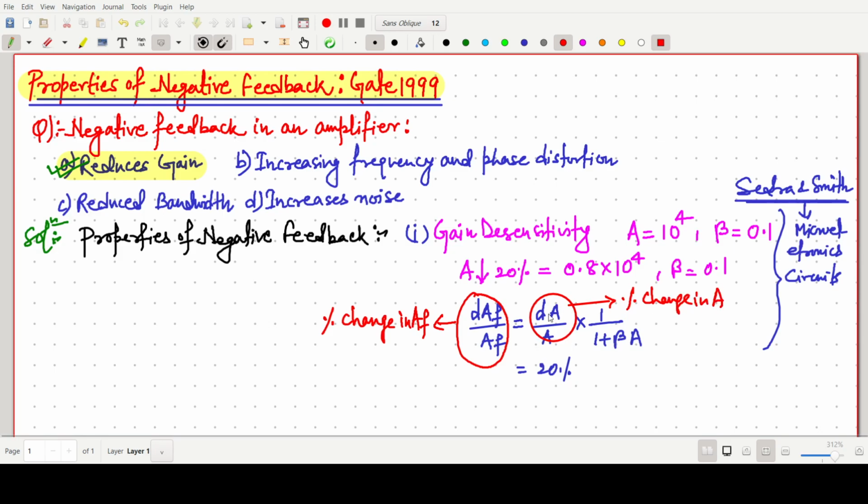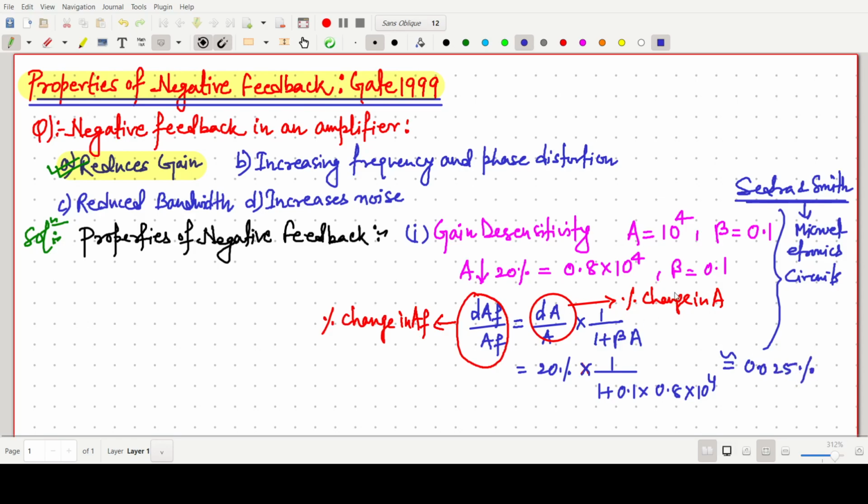So we have to find this percentage change in Af: 20% into 1 by 1 plus beta A, where beta is 0.1 and the new A is 0.8 into 10 to the power 4. If we solve, it comes to nearly 0.025%.